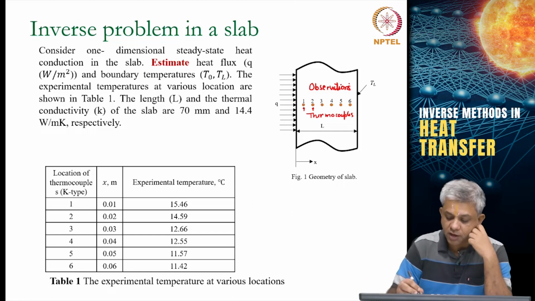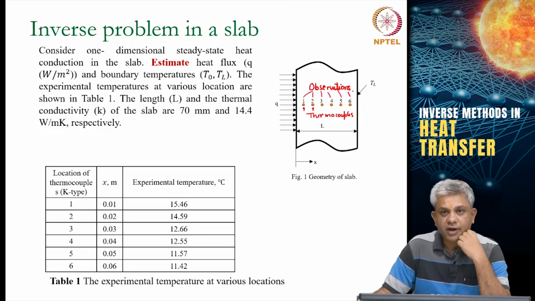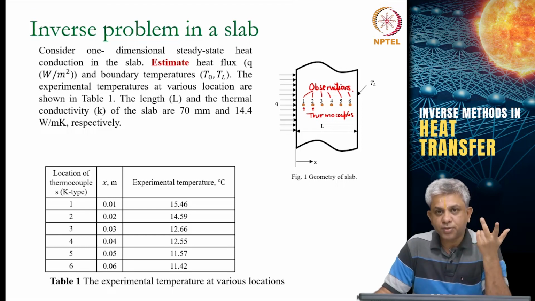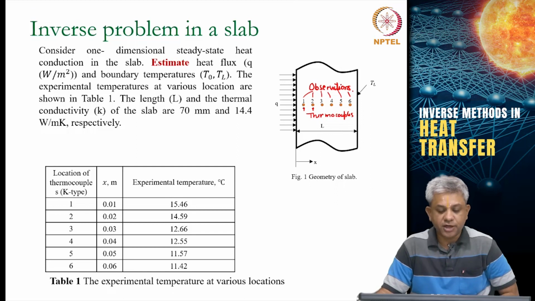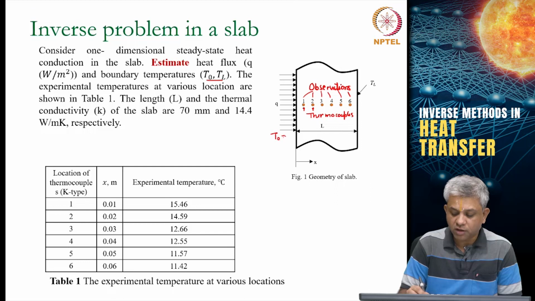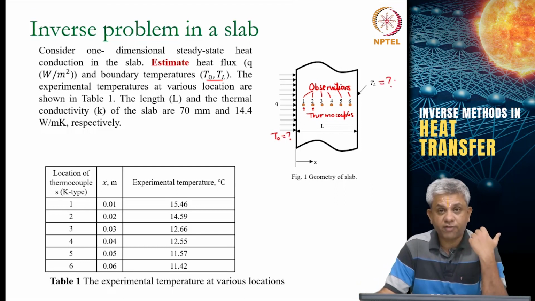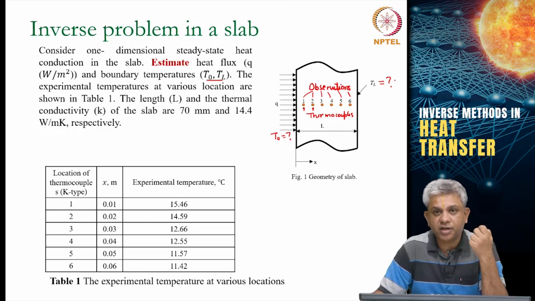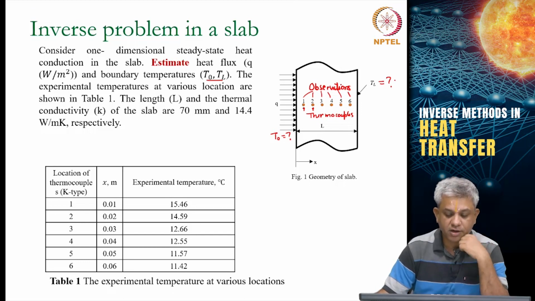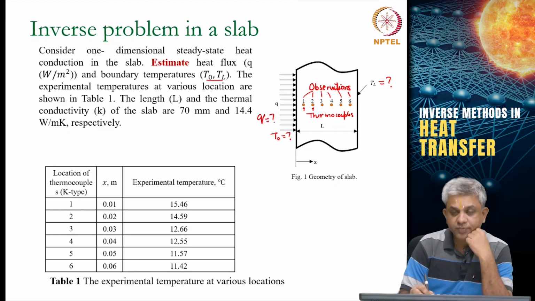So, we now observe the temperatures at these 6 points, and we ask the opposite question. We ask 2 opposite questions, or 3, but essentially 2, which is: we do not know what the left and right temperatures are. Can we find those out? If we can't find them, we can at least estimate them. Can we at least estimate them within a certain range? Similarly, the question is, what is the heat flux?